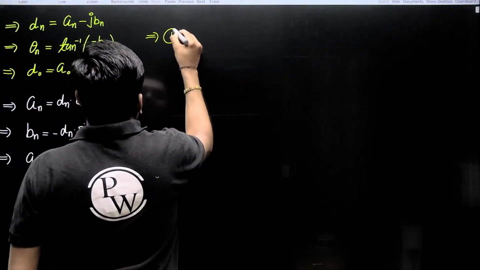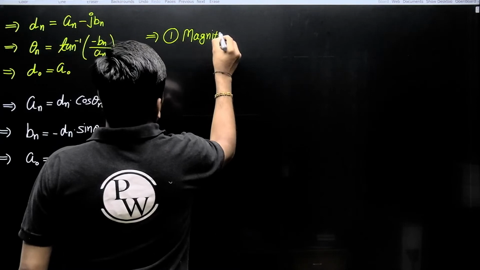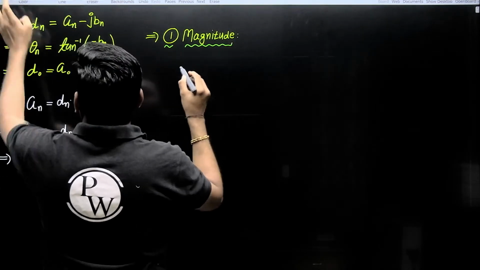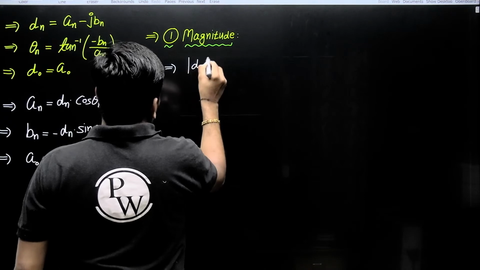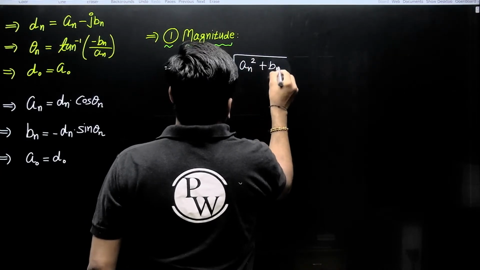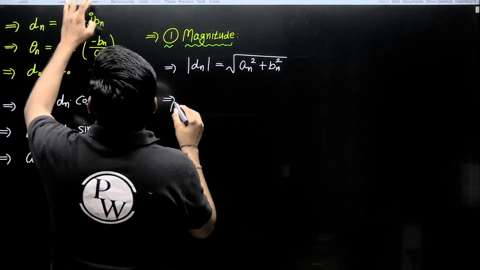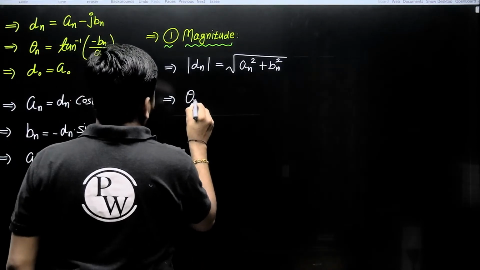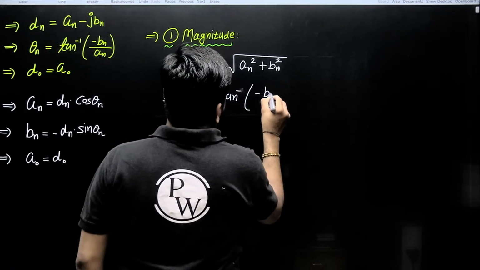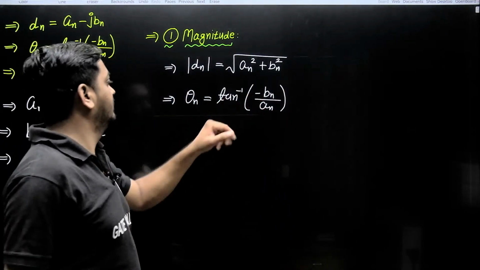Magnitude is mod dn, which is the root of an square plus bn square. This is the magnitude spectrum, and theta n is tan inverse of minus bn upon an. You can see here this is the magnitude spectrum. This is the phase spectrum.